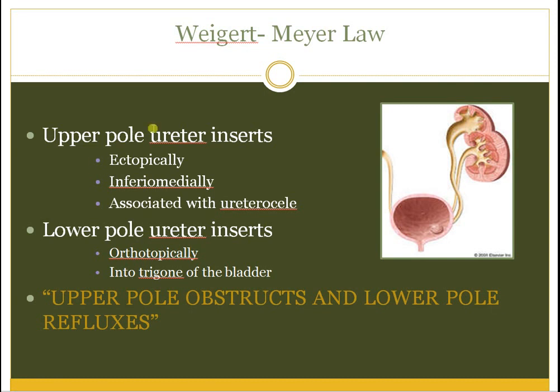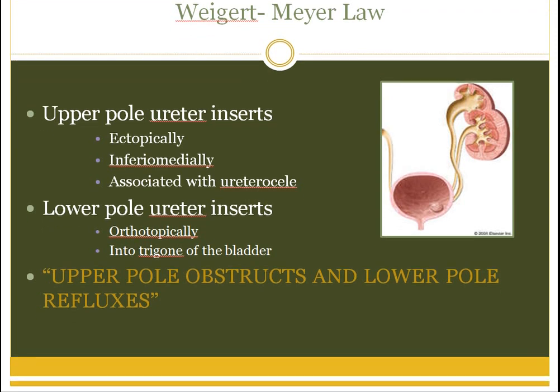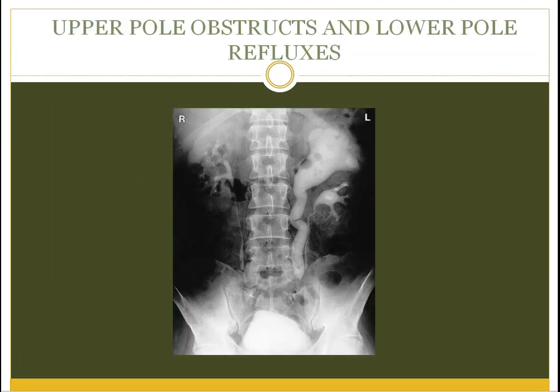The upper pole will be obstructive in nature because of the ureterocele, and the lower pole will have reflux in it, and this is known as the Weigert-Meyer law. And this is the demonstration of the same thing. As I said, the upper pole is obstructed, having hydronephrosis, and this is the lower pole.